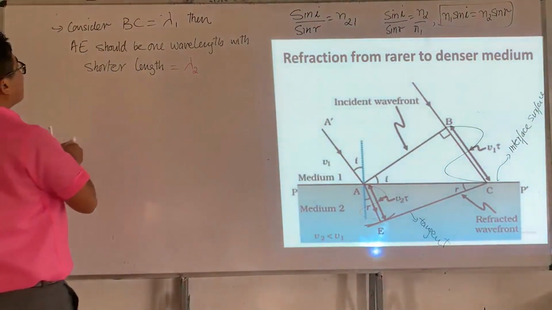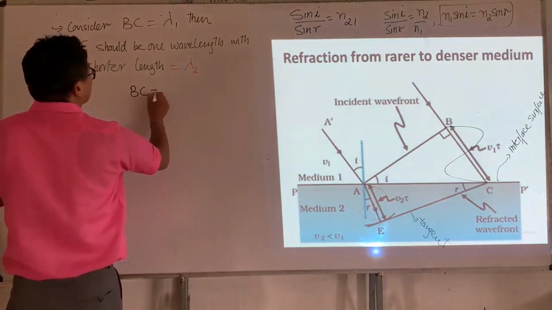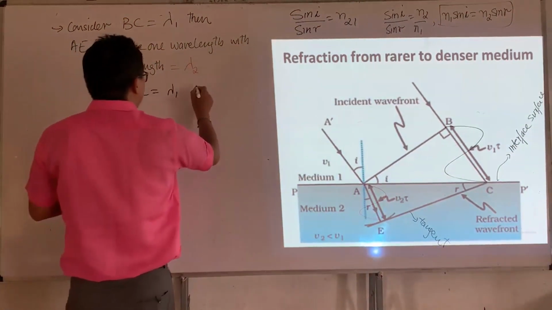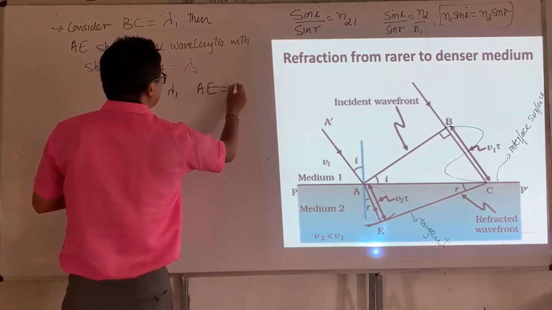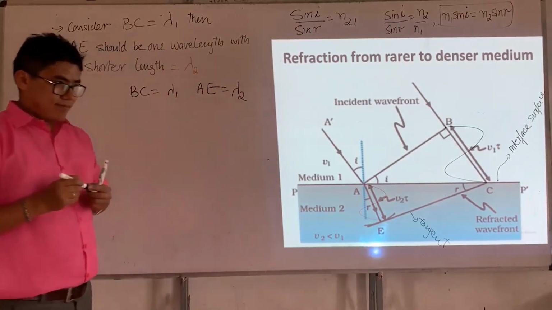So that means BC is equal to one wavelength, and AE is equal to another wavelength.